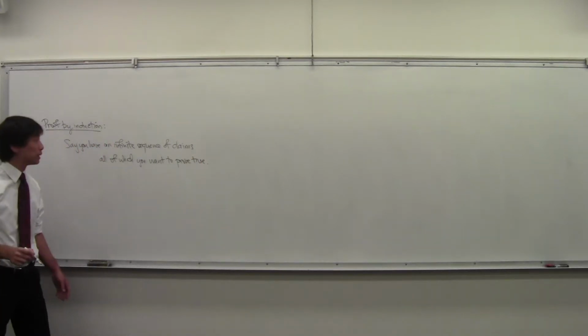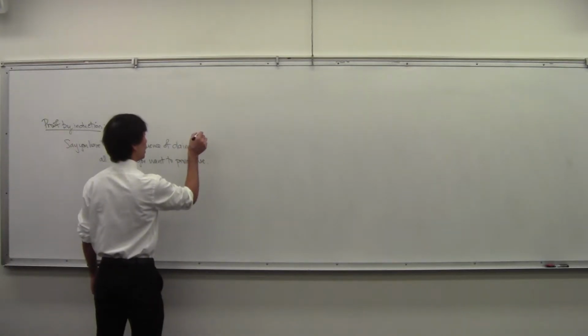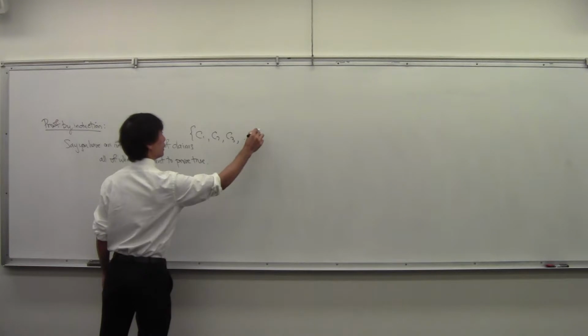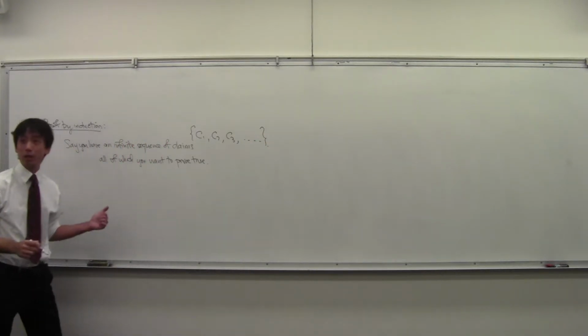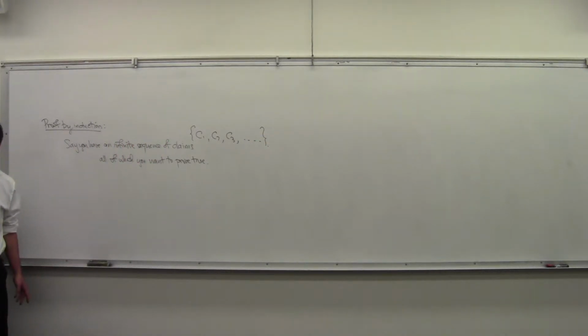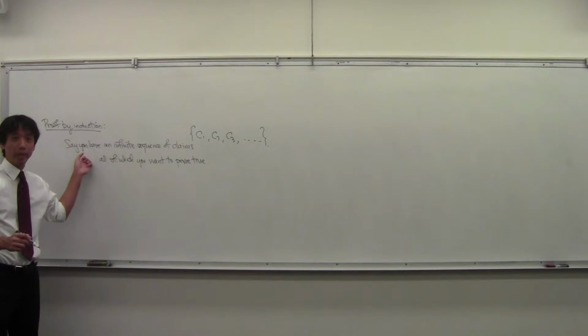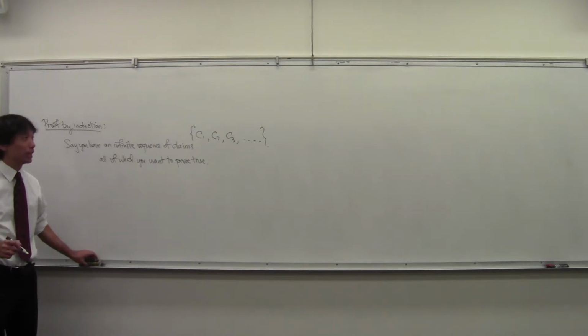Let's call them claim 1, claim 2, claim 3, et cetera. So you've got an infinite sequence of claims, and you want to prove that all of those claims are true. Proof by induction is one way of proving them all true simultaneously.